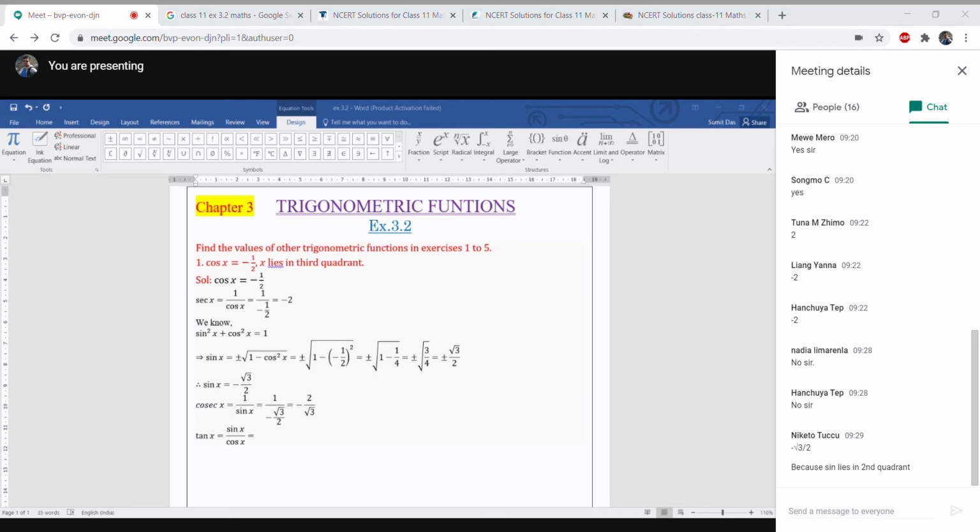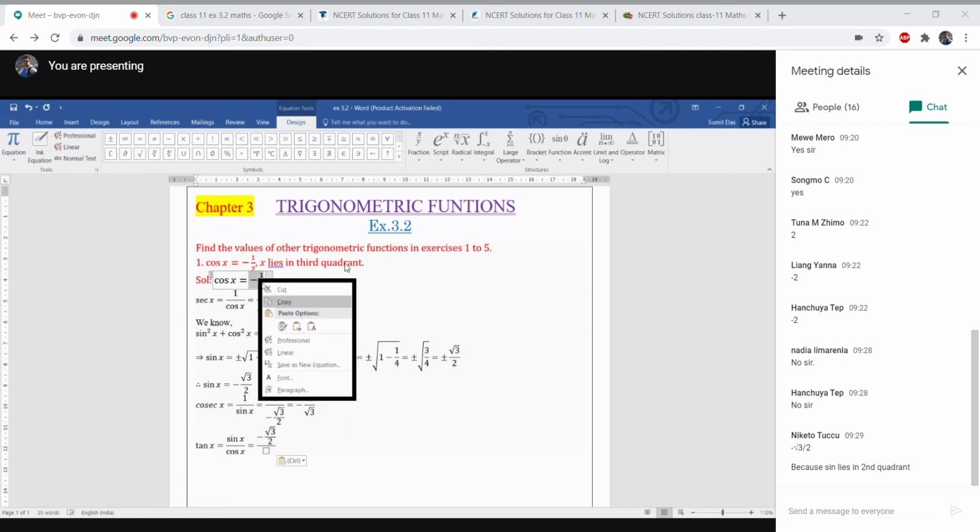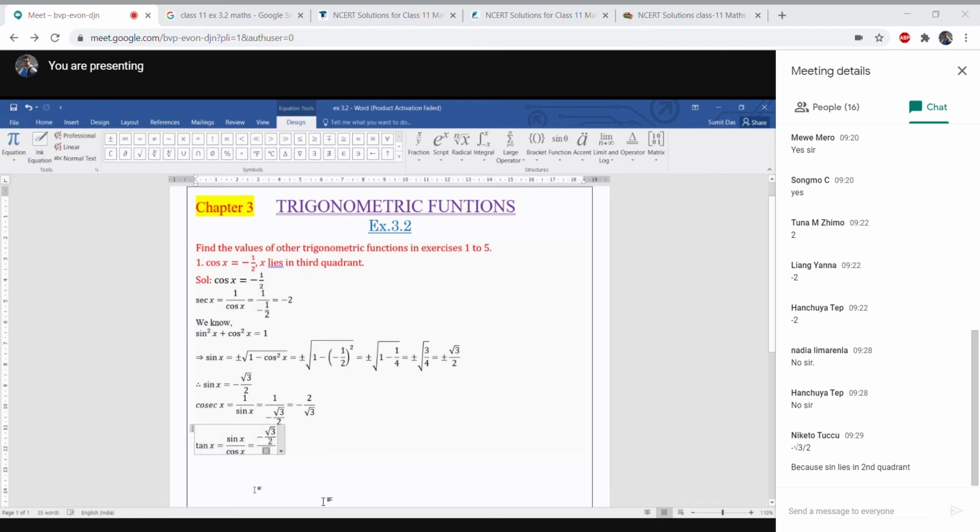Sin value we got minus root 3 by 2, and cos value was given, it was minus this one.